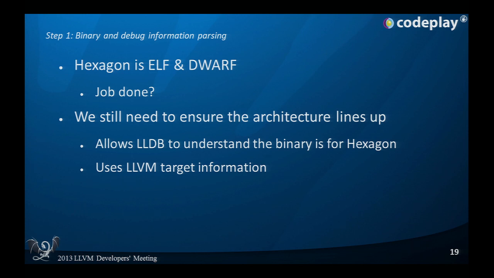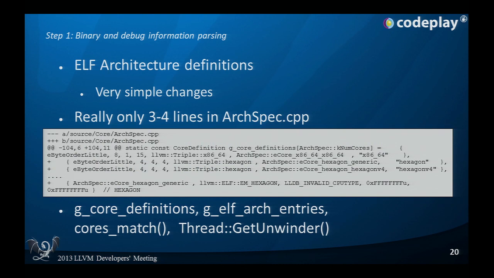Sadly, we still need to do a few things just to line up the binary, so LLDB knows that its target is Hexagon. The definitions are actually really fairly simple. Talking ArchSpec.cpp, obviously, this is just there to give you a little example. You just add lines like this.